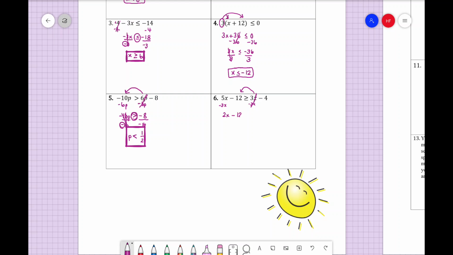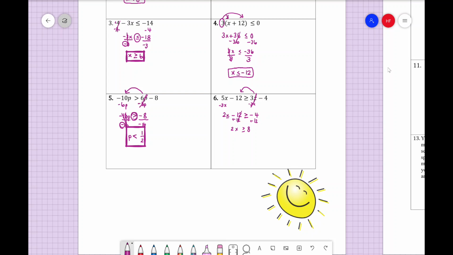This minus 12 is still on the left side, greater than or equal to negative 4. I need to get this x by itself, so I'm going to add 12. 2x greater than or equal to negative 4 plus 12, so positive 8.